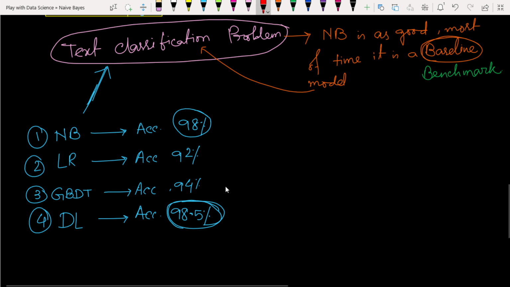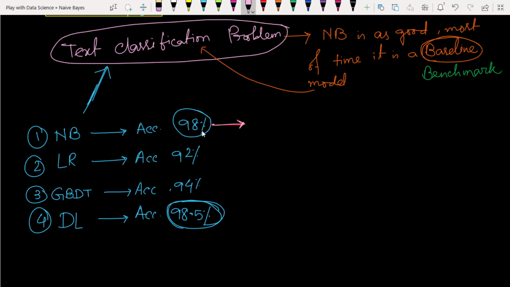But the main thing is, naive Bayes is so simple and yet a sophisticated algorithm. Deep learning is so complex, and we require a huge amount of resources. We have to invest so much money to build a deep learning model.